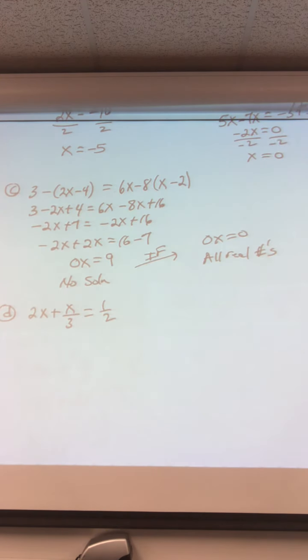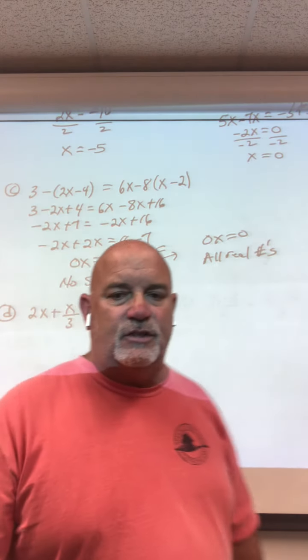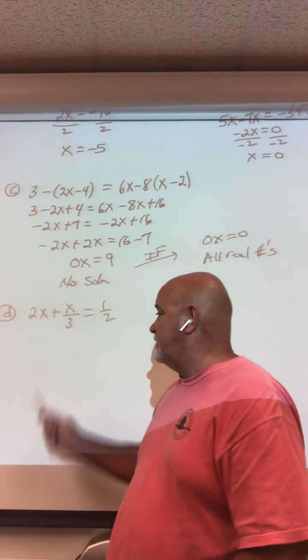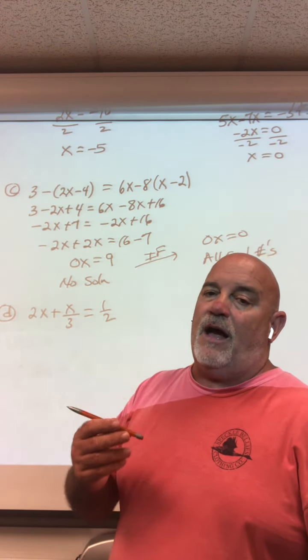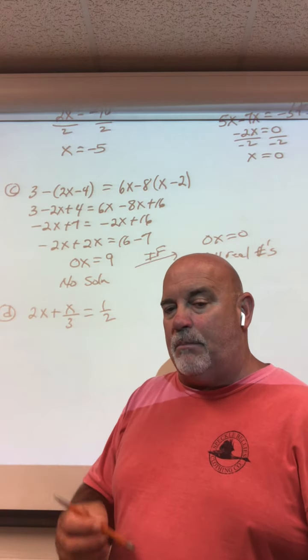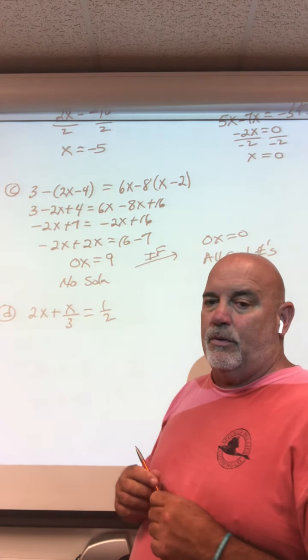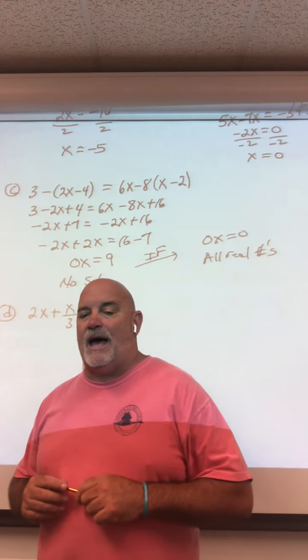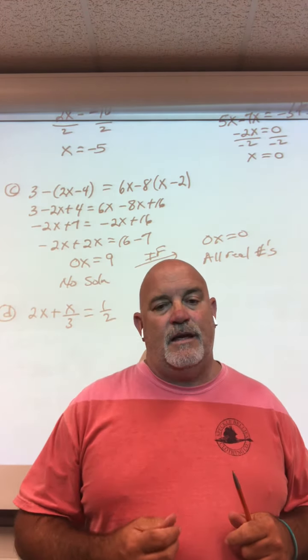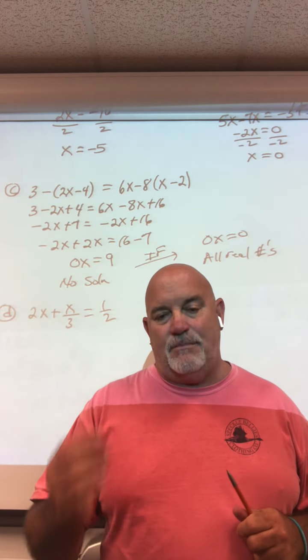Okay, this next one. Equations with fractions. How do we deal with equations with fractions? Well, the first thing I told you to do is we don't like the fractions. To get rid of a fraction, which is a dividing number, you multiply by a number. But when you multiply, two things. You have to multiply each side, and it has to be by the same number.